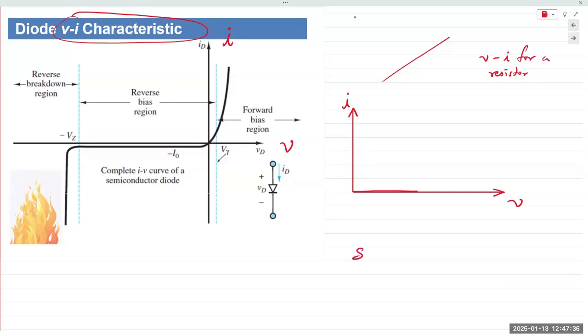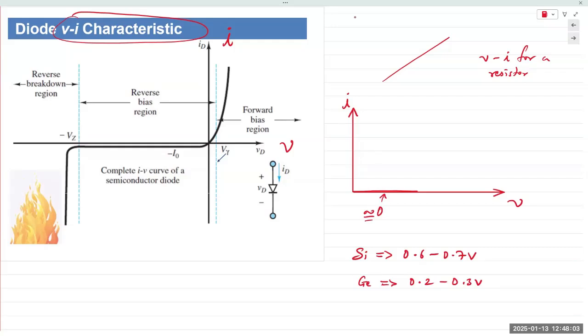For germanium, it is between 0.2 to 0.3 volts. And so as long as the voltage applied to a silicon diode is less than 0.6 volts, the current will always remain zero, or as close to zero as possible, which is right here.